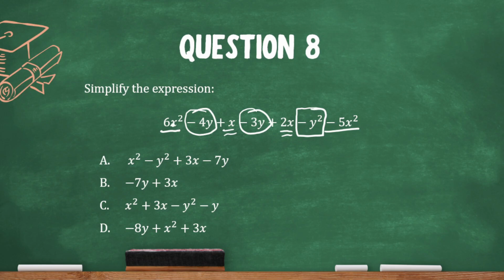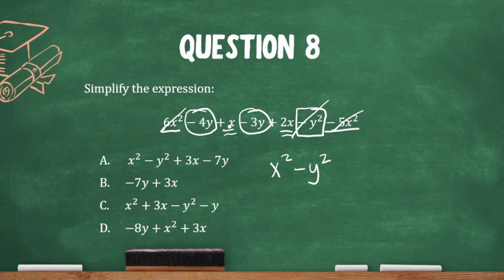So let's combine them. I'm going to start with the x squared. 6x squared minus 5x squared is just x squared, or 1x squared. I'm going to cross them out as I go so I make sure I've got everything with all of these terms here. I'll do the y squared term next. Just carry that down because that's the only y squared.